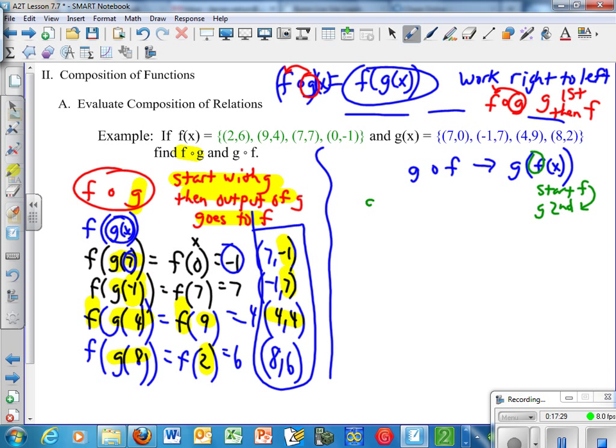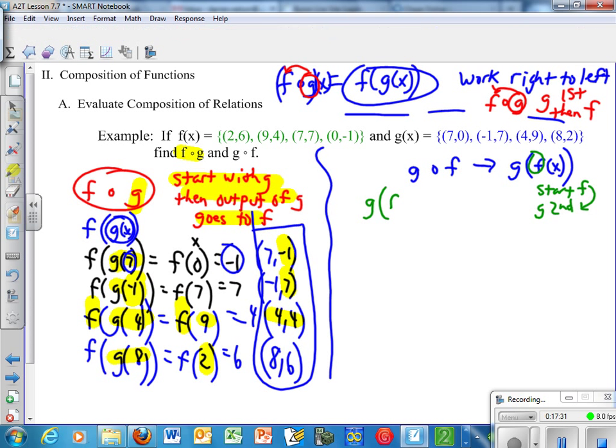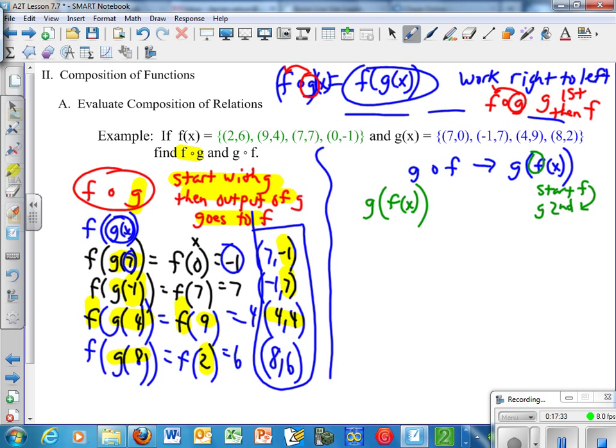So if I'm doing g of f of x, you've got to really just follow the path here. So we're going to start with g of f of, what is the first x value in function f? If I go to function f, the first x value in my relation is 2.